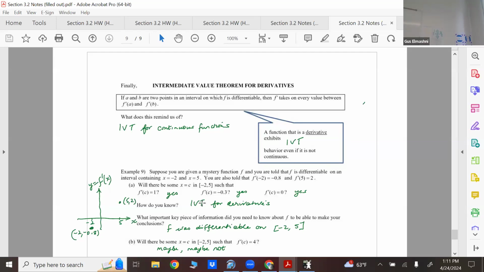And F prime B, say 1. But any derivative value between 1 and 4 can be had in this interval here. Anything in between can be had. That's what it says. So it reminds us of IVT for continuous functions. The function that is a derivative exhibits IVT behavior, even if it's not continuous.